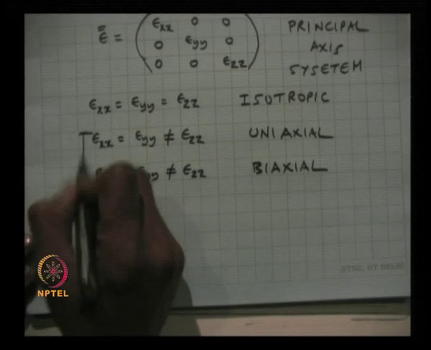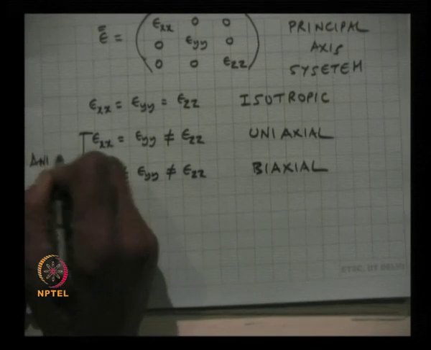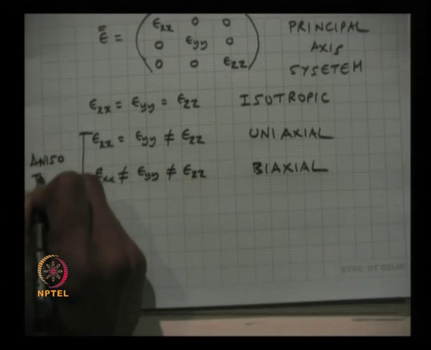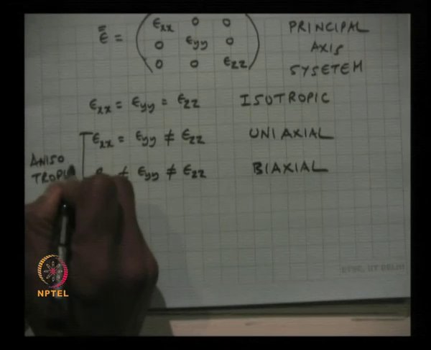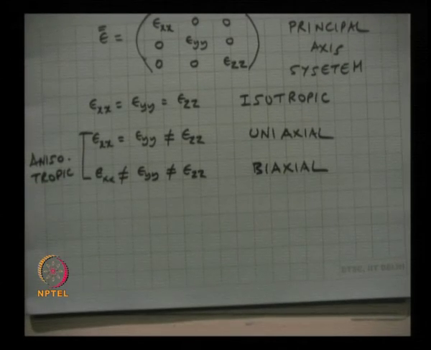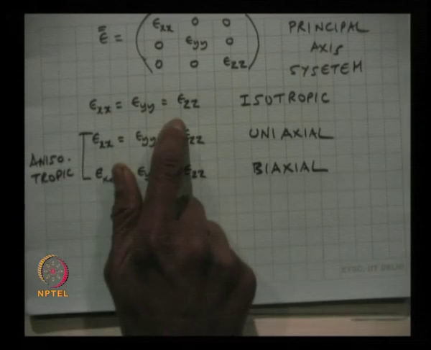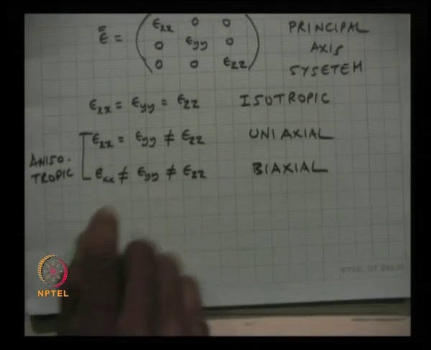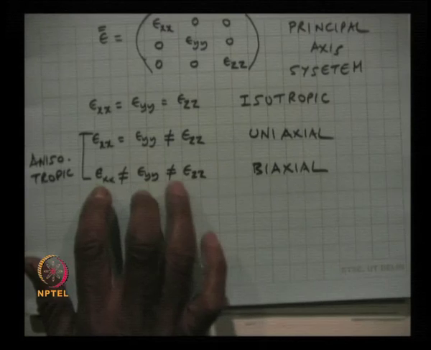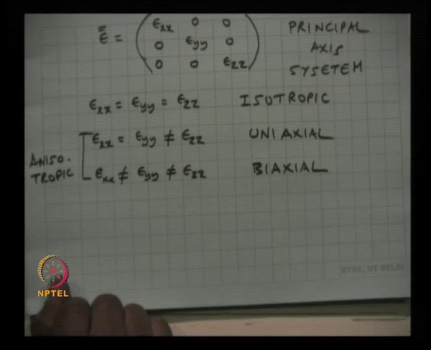So, these 2 are anisotropic. To repeat, if all the 3 elements are equal, it is isotropic. If 2 of the elements are equal, it becomes uniaxial. If all the 3 elements are unequal, it is called biaxial.